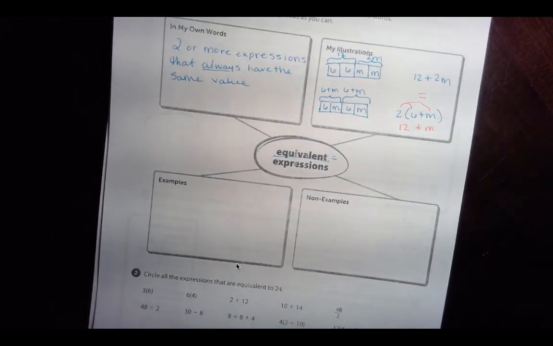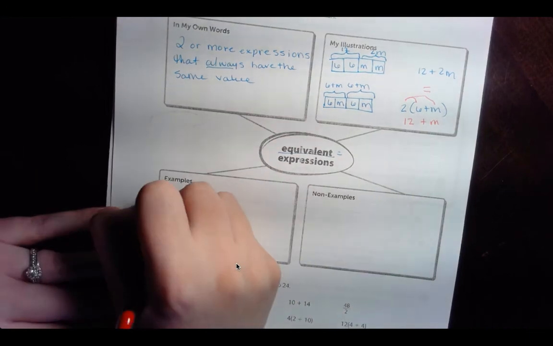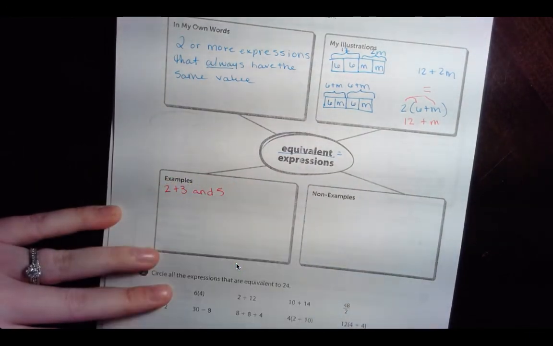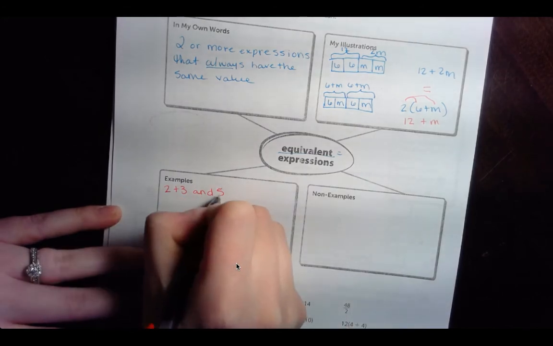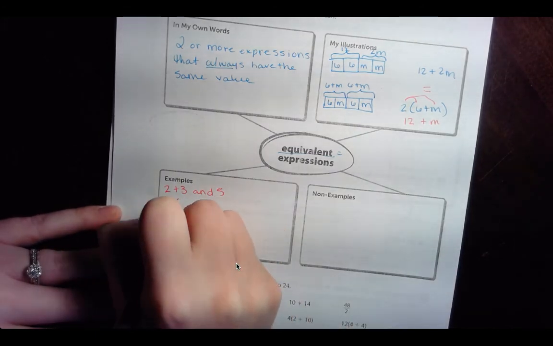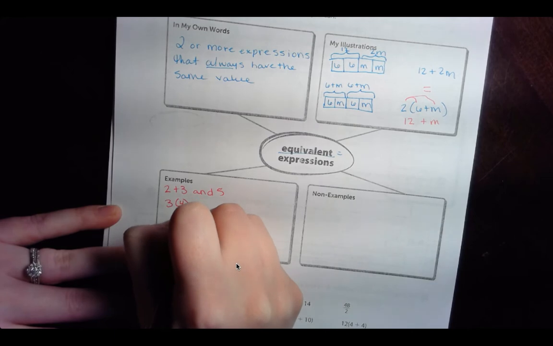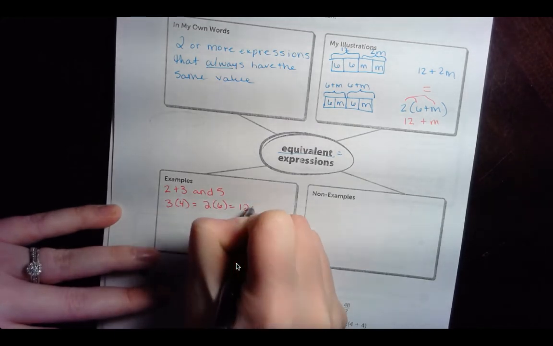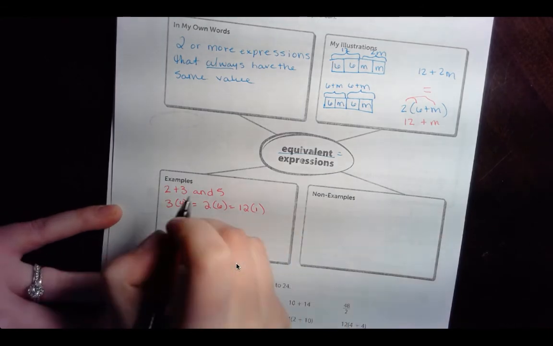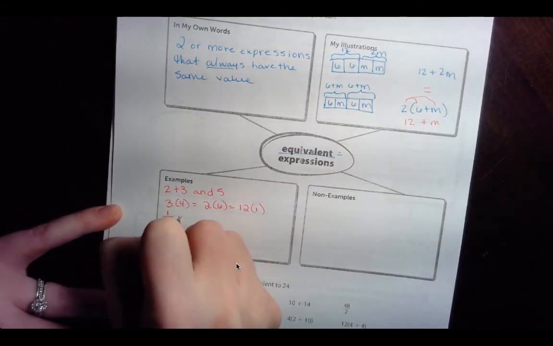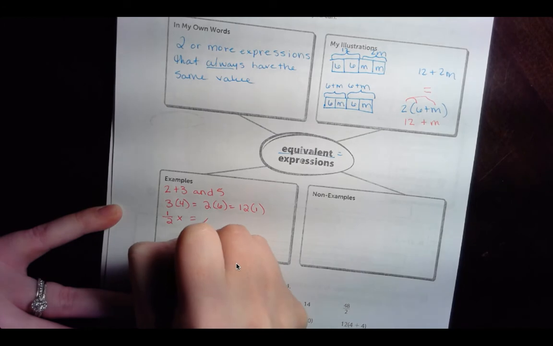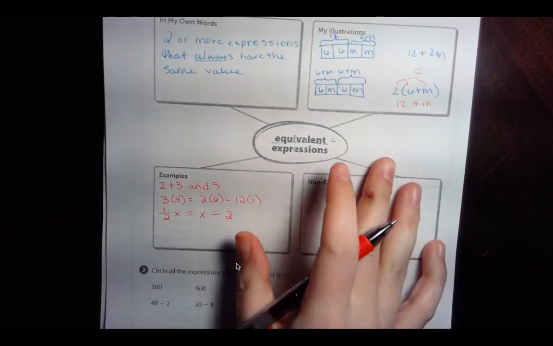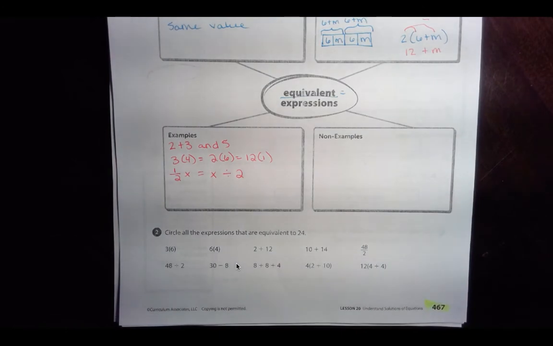Or an example. So 2 plus 3 and 5. They're equivalent expressions. 3 times 4 equals 2 times 6, which also equals 12 times 1. 1/2 times x is equal to x divided by 2. Remember, multiplying by 1/2 is the same as dividing by 2.